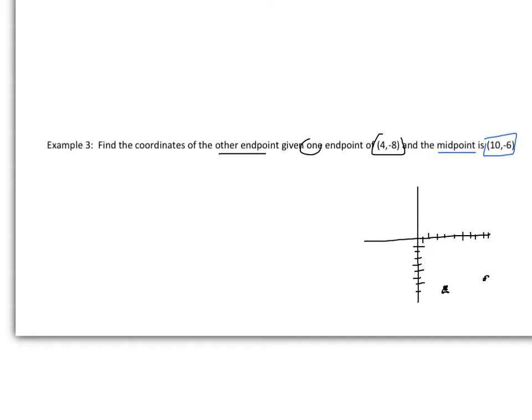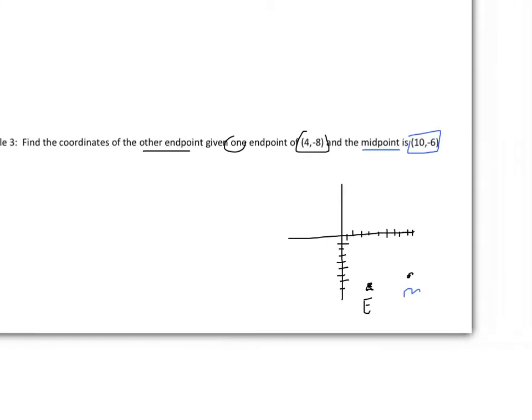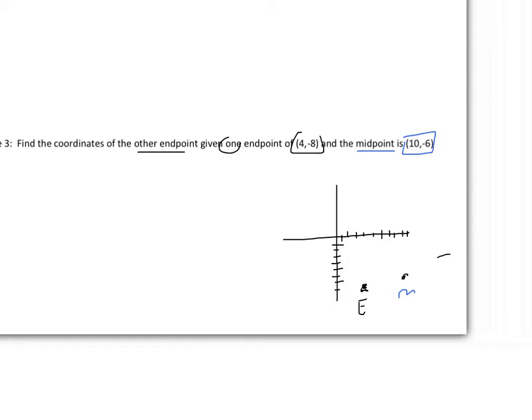If this is an endpoint and this is a midpoint, the other endpoint will be located out here somewhere, because this is the middle of our line that we would extend out to here somewhere. We don't know where that is, but that's a different kind of question, and we use our formula differently there.